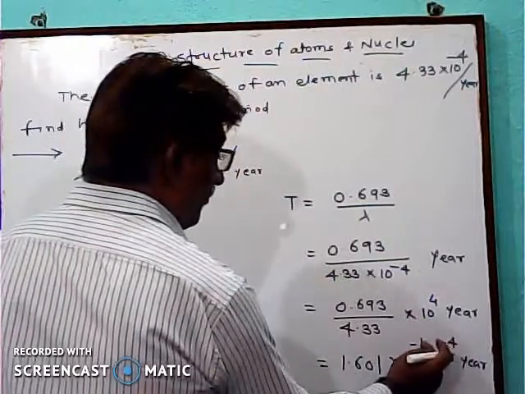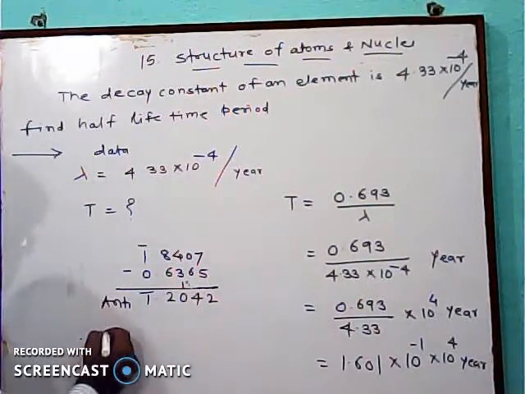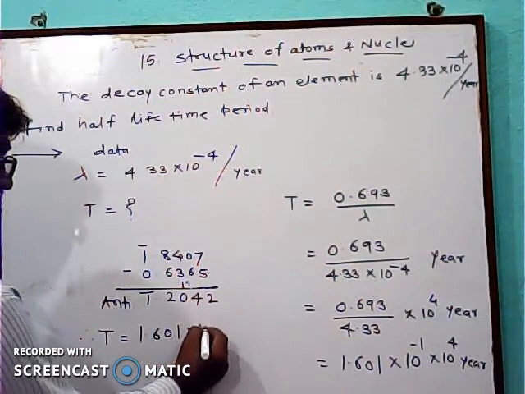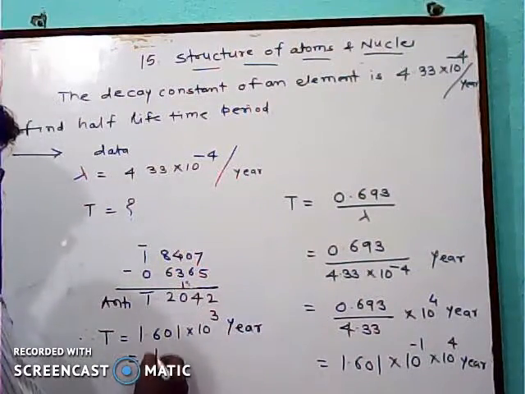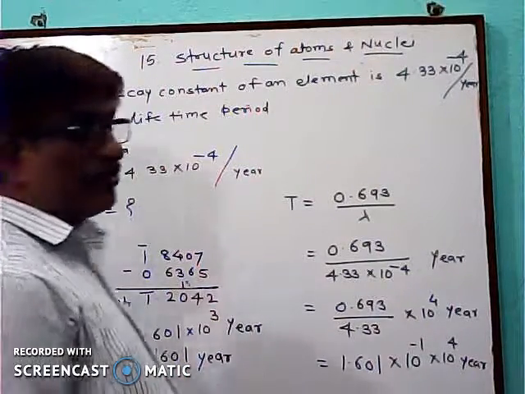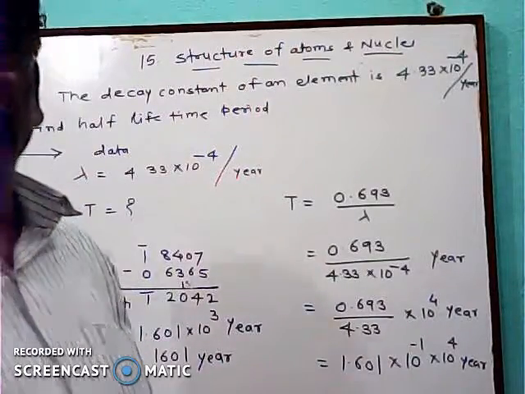If minus 1 is added to 4, therefore the half-life time period is 1.601 into 10 to the power 3 year, or 1601 year, or approximately 1600 year.